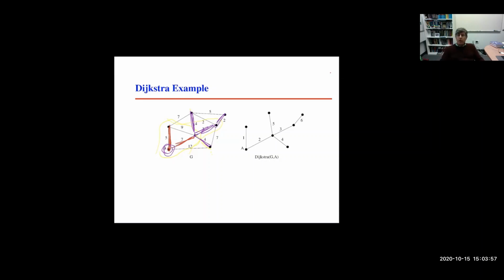Does everybody see that this tree gives me the shortest path from A to everybody else? Any questions about that? Does everybody see that it smells like Prim's algorithm in what it's doing? The only difference was really what edge it chose next. Any questions about that?